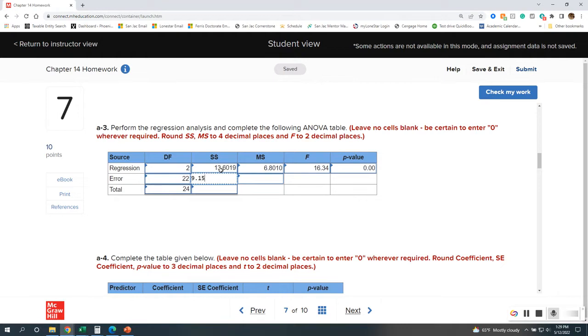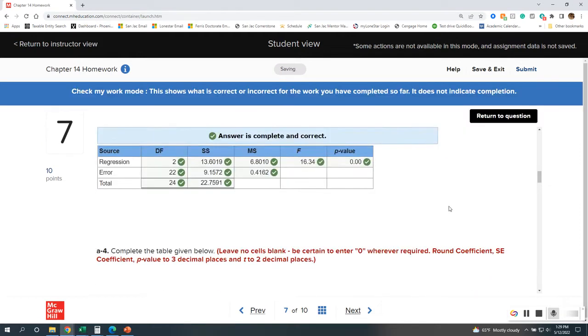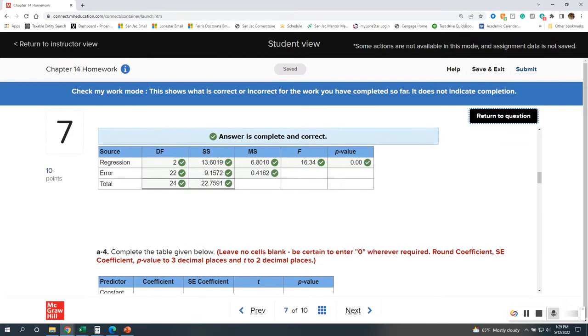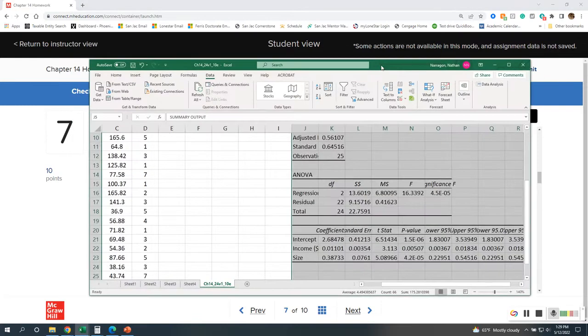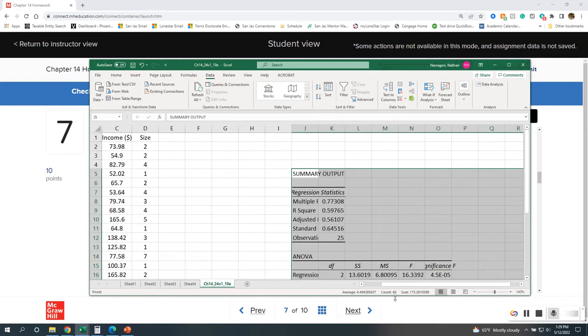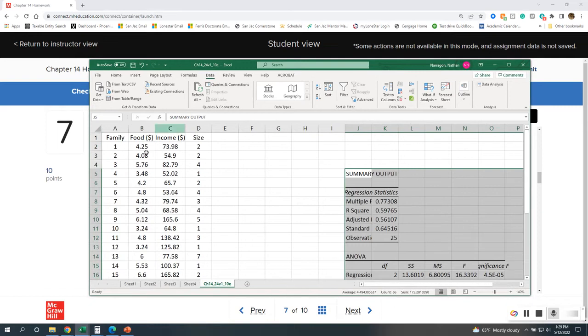SS 9.15716, 0.41623, then 22.7591. Let's see if I put that in correctly. We did. Again, it's just a multiple regression. Remember, family food is our Y. Income and size are our X's.